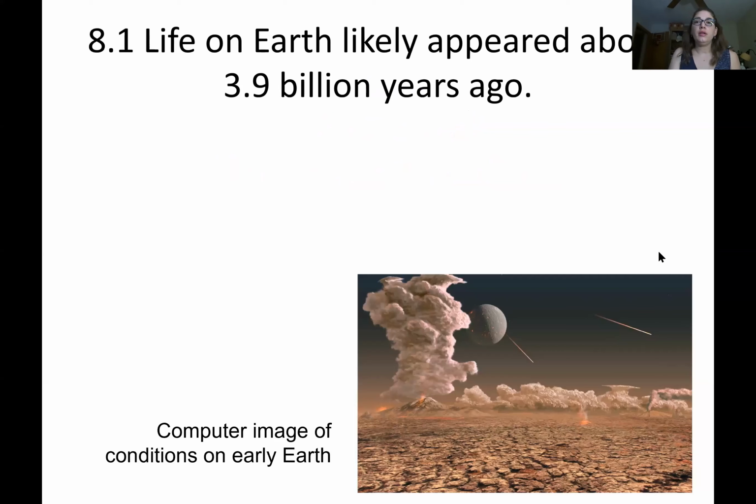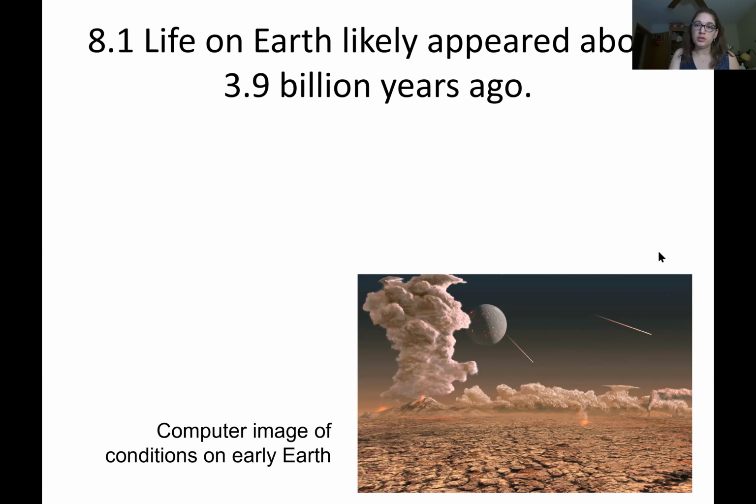Let's get started. Okay, so a little bit about backstory. So it's important to remember that evolution is a theory. We still have to hypothesize about it because no one can go back and test and observe what happened millions of years ago.